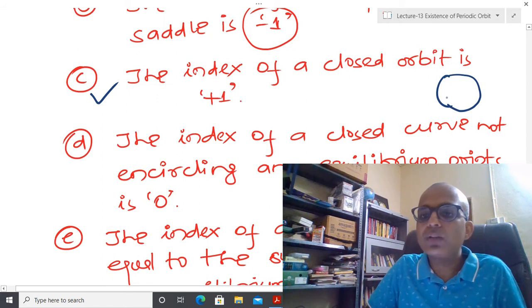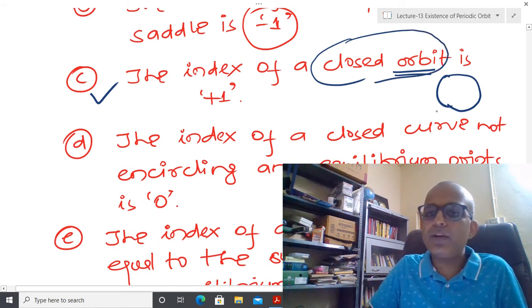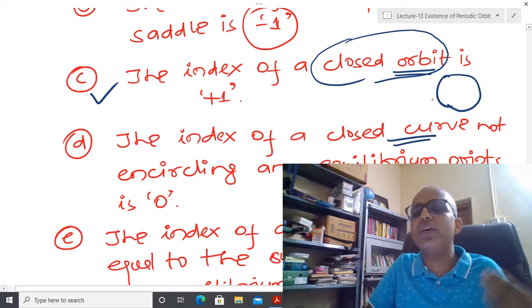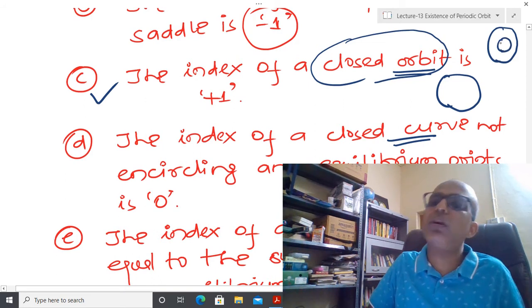What is the difference between a closed orbit and a closed curve? A closed orbit means I am talking about a periodic orbit, but whenever we talk about a closed curve, any curve can be closed. In the previous example we saw that if b is greater than or equal to c greater than 1.5, only then do I have a periodic orbit. Beyond that I have an orbit, and if c is in between, then I have a closed curve but not an orbit.